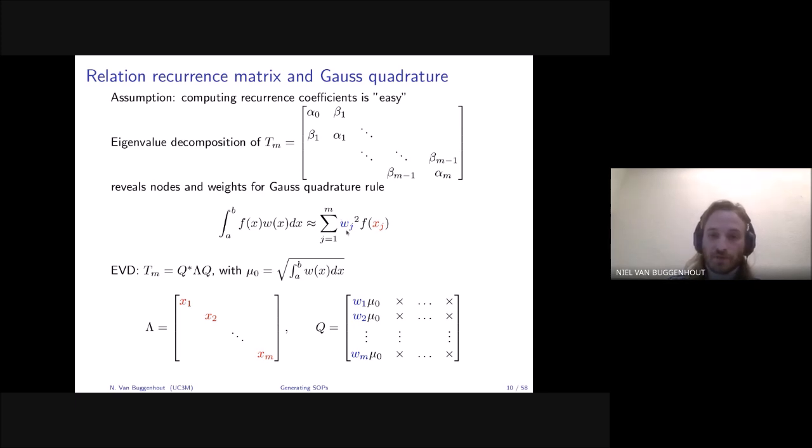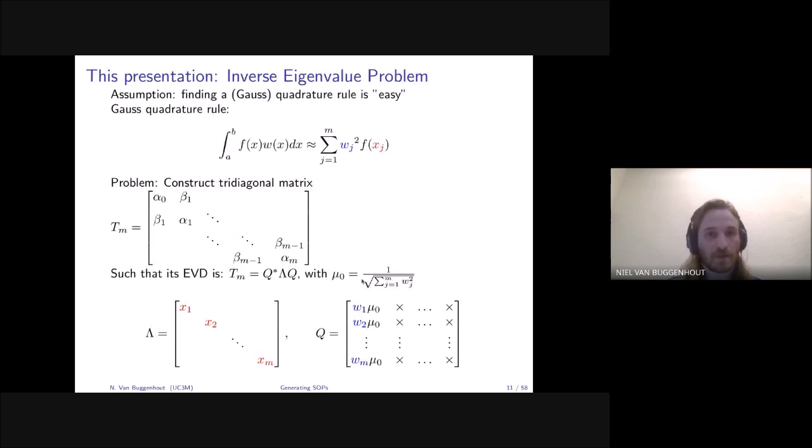And these weights, wj, appear in the first column of Q. They are weighted by mu0. This is fine. And you see now why I used the square in this Gauss quadrature rule: because in this Q now we just get w1 itself. Okay, here the assumption is correct.